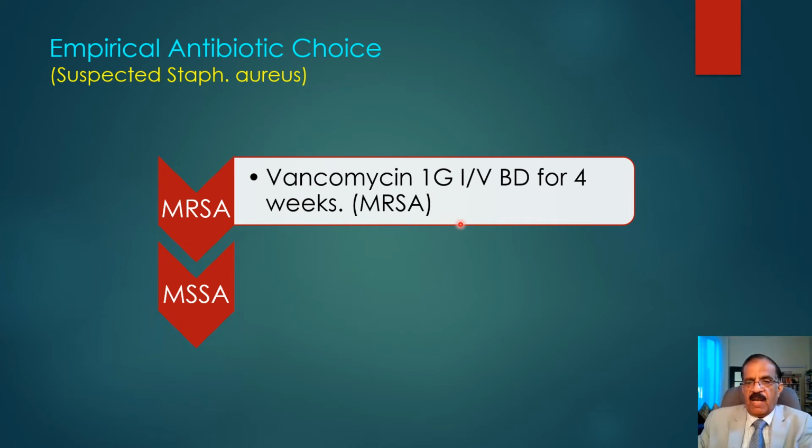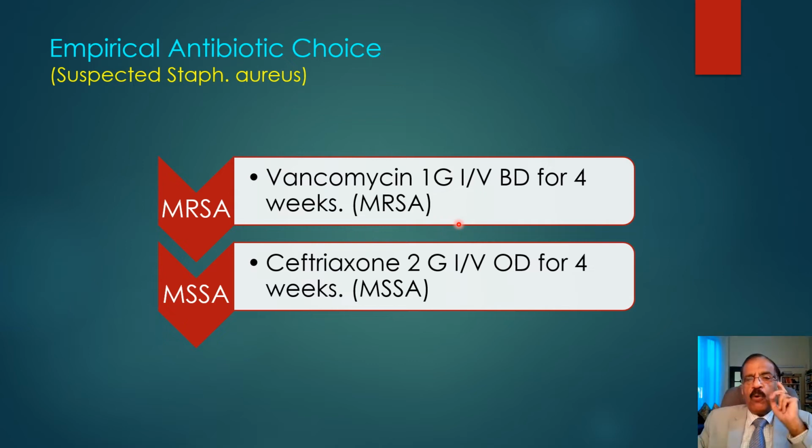the toxicity part. If culture report shows that this is actually methicillin sensitive Staph aureus, then ceftriaxone, which is actually a third generation cephalosporin, primarily belonging to the family of penicillin, would be useful. This would be much cheaper than vancomycin and would also be better tolerated and widely available also.